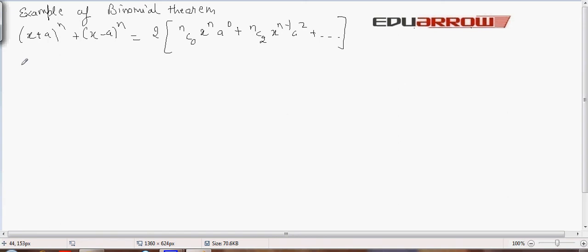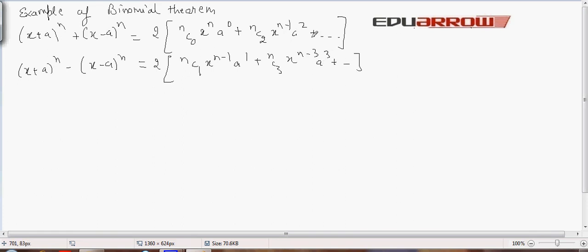And if we subtract the expansions, we get the odd powers, which will be equal to 2[nC1 x^(n−1) a^1 + nC3 x^(n−3) a^3 + and so on]. So in the sum we get even terms, and in the difference we get odd terms.